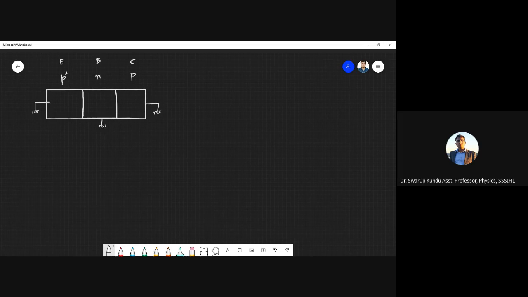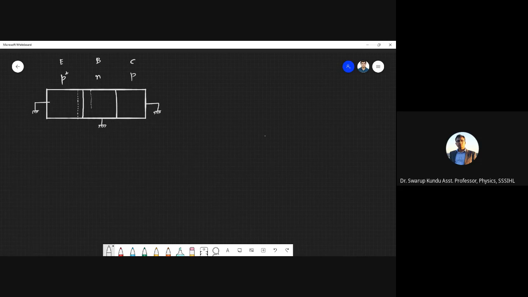So how will be the depletion region? So as you can see that P plus, so emitter is heavily doped. So for a heavily doped, the depletion width will be the narrowest, right? So let's say it's this width. Now N, so the base is slightly less doped, right?